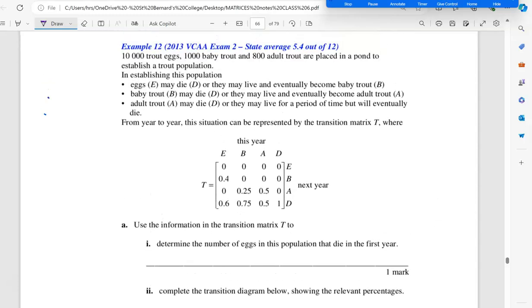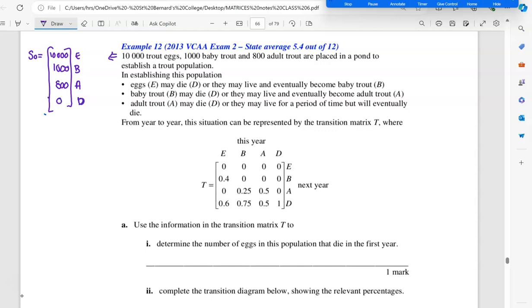So up here, we were given an S0 because they said to begin with. So we can see we have eggs, baby trout, adult trout, and then die. In the beginning, we have 10,000 eggs, 1,000 baby, 800 adults, and in the beginning, none have died. So we're going to put 0.